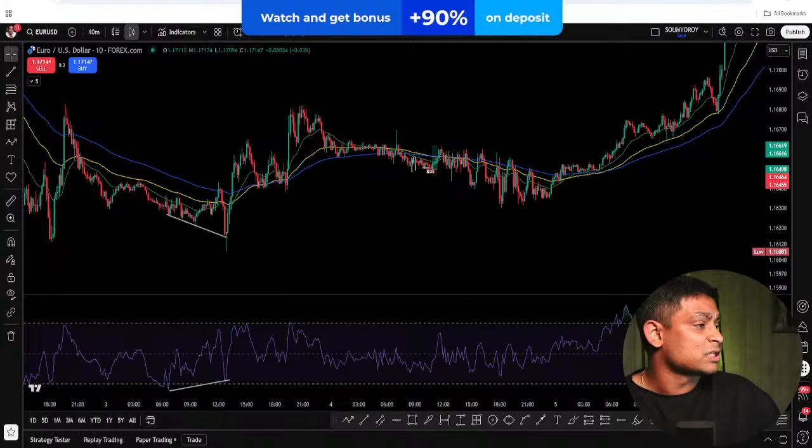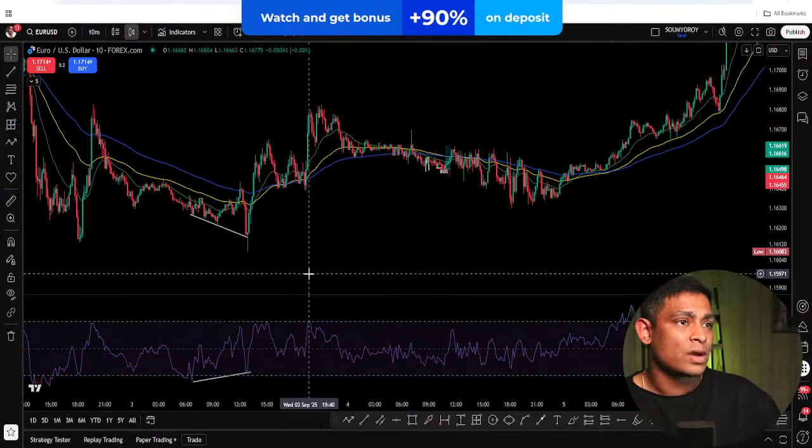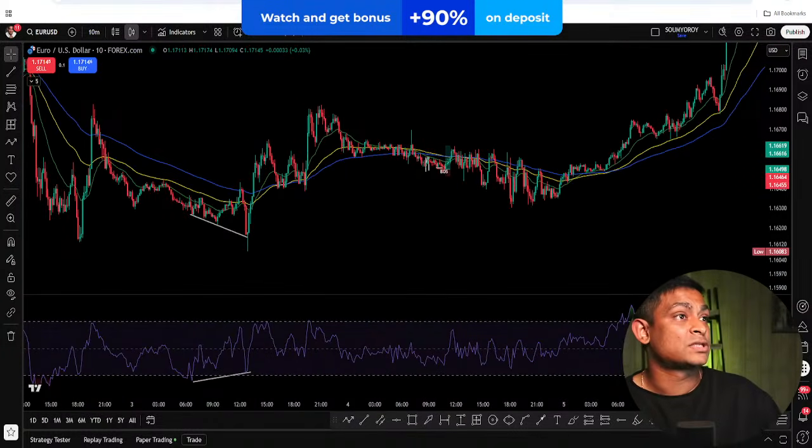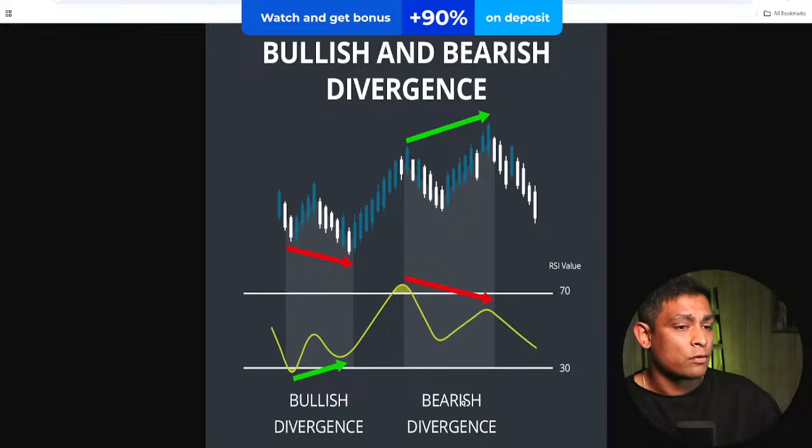Okay, so this is a bullish divergence. Now the next step is bearish divergence. Now how does a bearish divergence look? So the bearish divergence is somewhat like this. We will consider the highest point of the price uphill. Okay, this is a higher high, higher low, and here is a higher high.